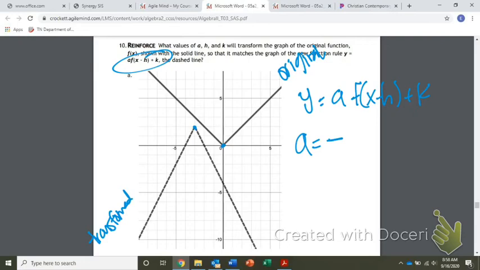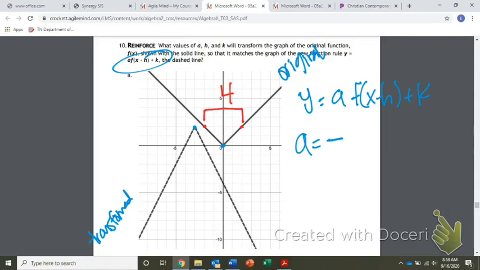Let me change colors. So I put 2 red dots where it crosses a point exactly. Okay, this is 4 units on my original.